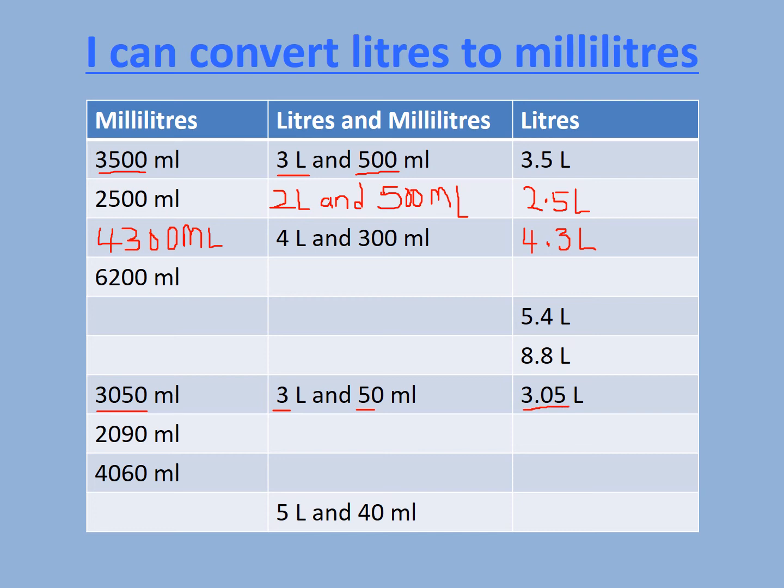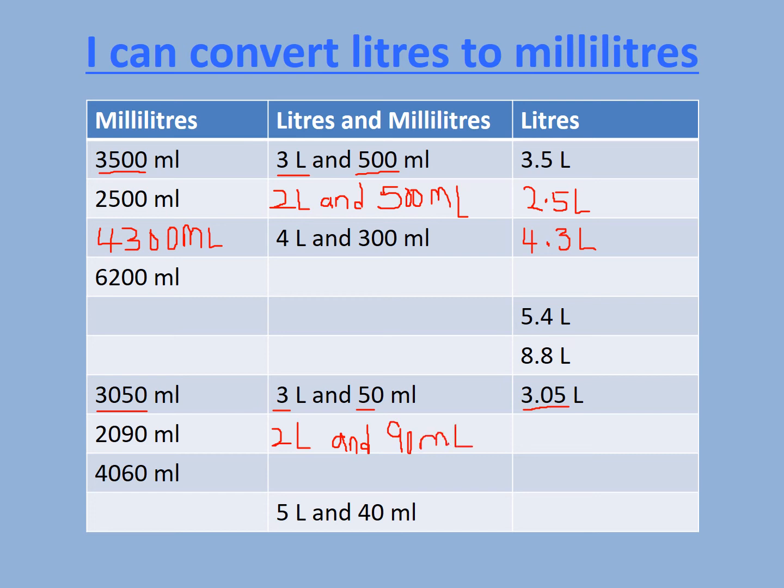Okay, let's do the next one together. We have 2090 milliliters. So we are going to have 2 liters from 2000 milliliters. And how many milliliters? 90. Great job. And 90 milliliters.